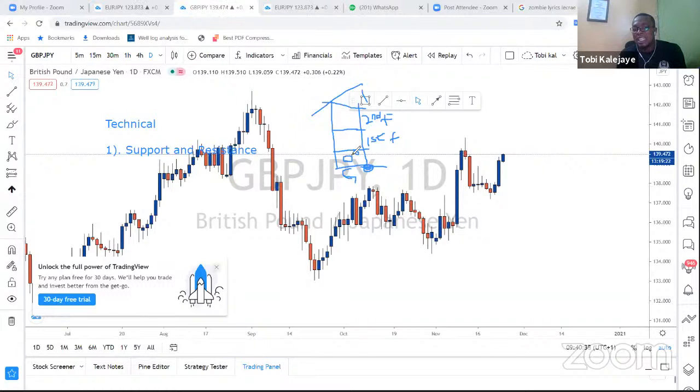It means the ceiling of this guy on the ground floor becomes a floor for this guy, becomes his own support. Try to understand my illustration. Here, it's a resistance for this guy. This place is a resistance for this guy. That's his own ceiling. But for this guy, it's a support, okay?